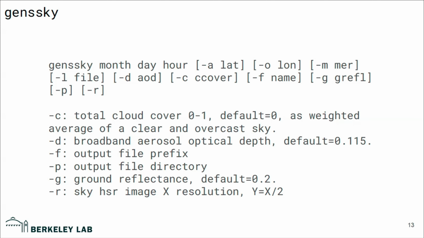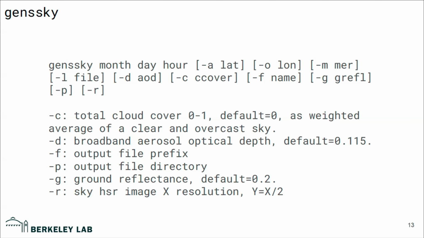The way we do clouds in this program is to linearly interpolate between a clear sky and an overcast sky. So as you can see, if you have a cloud sky cover of 1, that will give you a CIE overcast sky. You have a 0, that will give you a pure clear sky. And there's a -D option to linearly scale your aerosol profile up and down.